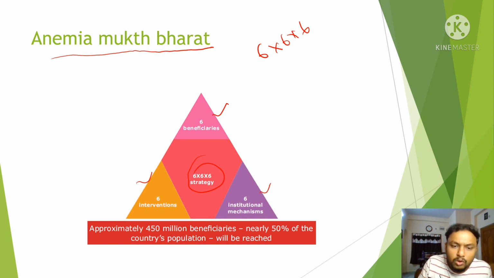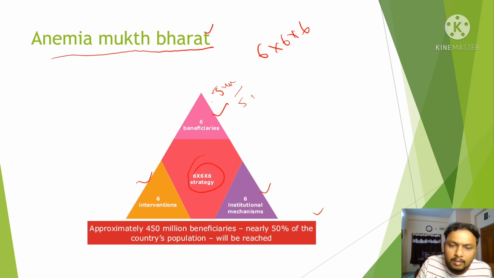Approximately 450 million beneficiaries, nearly 50% of the country's population, will be reached by this scheme. Beneficiary means who are all getting this facility, like children below 5 years of age and the 5 to 10 years age group.